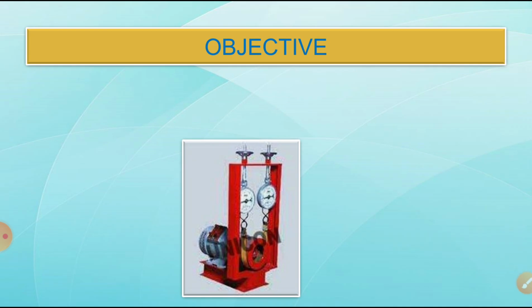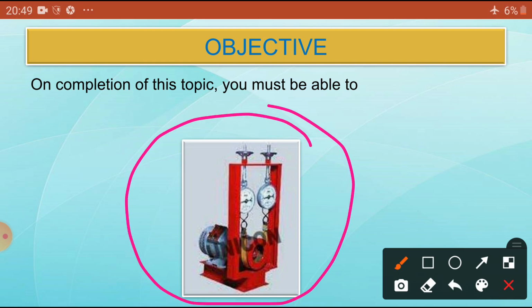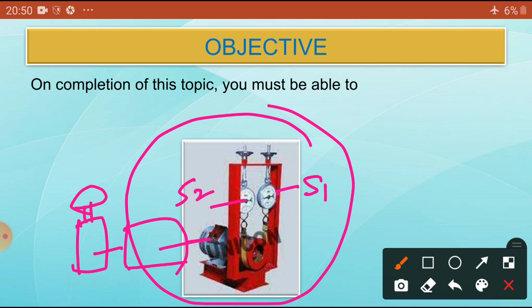Now, based on this basic knowledge, we will do one problem. This is a test you are going to do in the laboratory. For example, this is S1, this is S2, and this is an induction motor connected from the panel board with the help of a variac. By changing the variac, we give the rated voltage in the first test, and by changing the rheostat, the rated current in the second test.